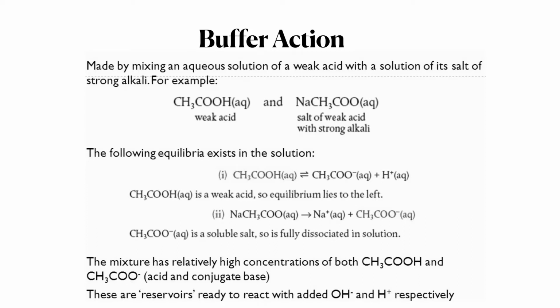And what will be formed? Water will be formed. That means the base which was added is now turned into water. So no more change in pH. And CH3COO minus is in excess in the solution anyway. Hopefully till here you understood what happens when NaOH, that means a base, is added.